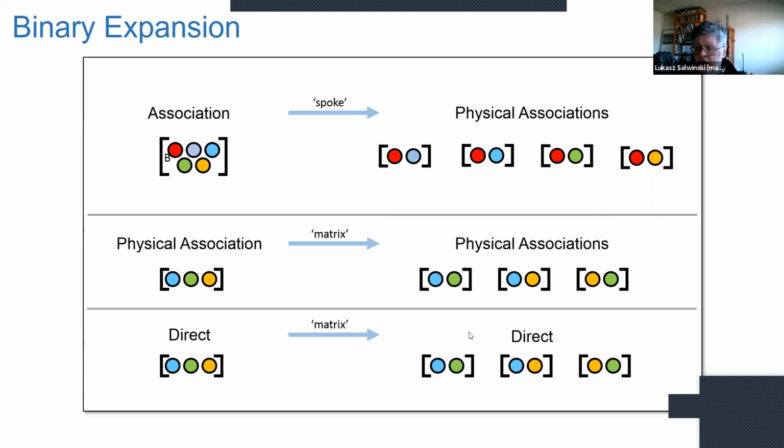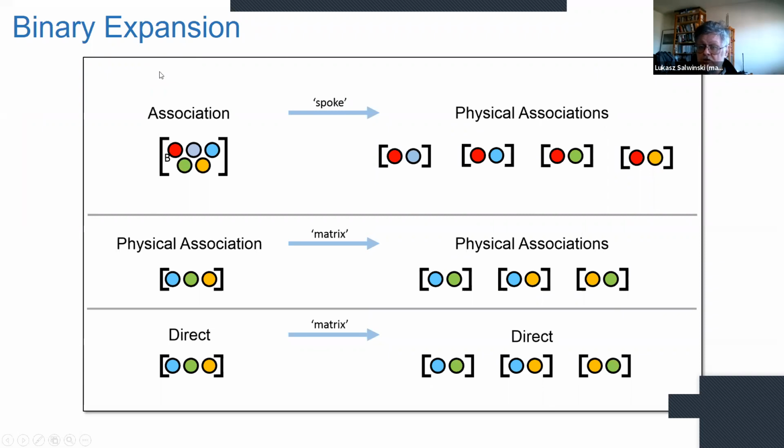Okay, so now going back to interactions that are connecting multiple proteins, like here and here and here, in order to get them into Cytoscape, they've got to be converted into pairwise interactions. This is so-called binary expansion.